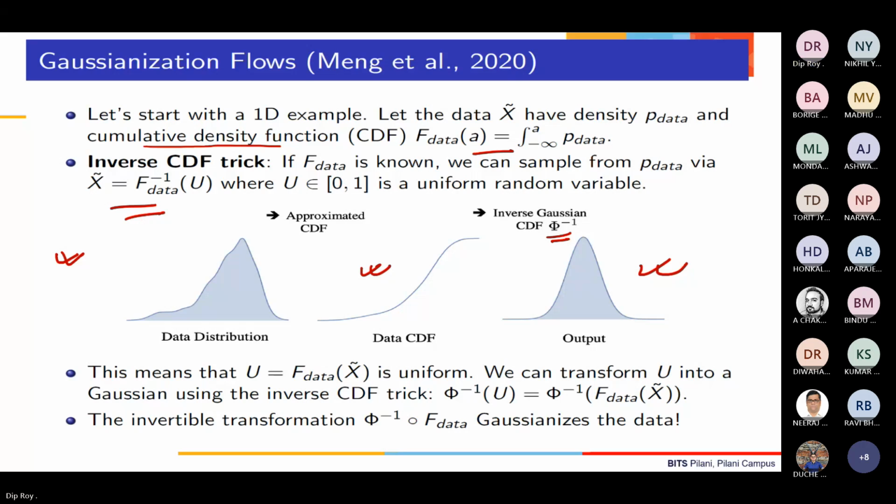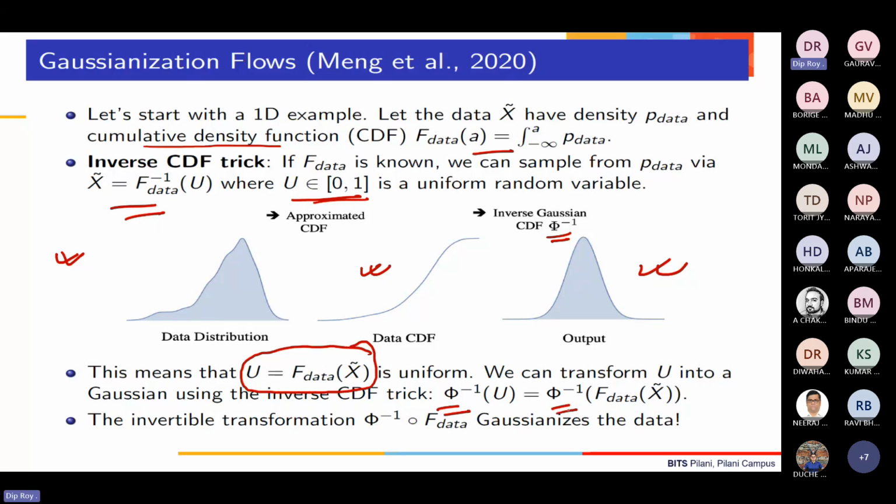And we know that this has a uniform distribution. That means u, equal to this transformation, the CDF of x, is uniform. We know from statistics and probability that we can transform a uniform into a Gaussian using the inverse of a Gaussian CDF.